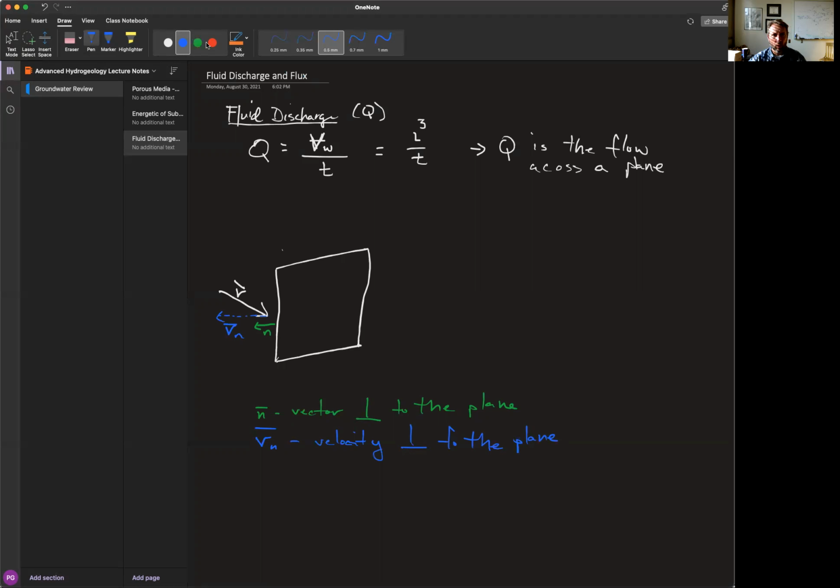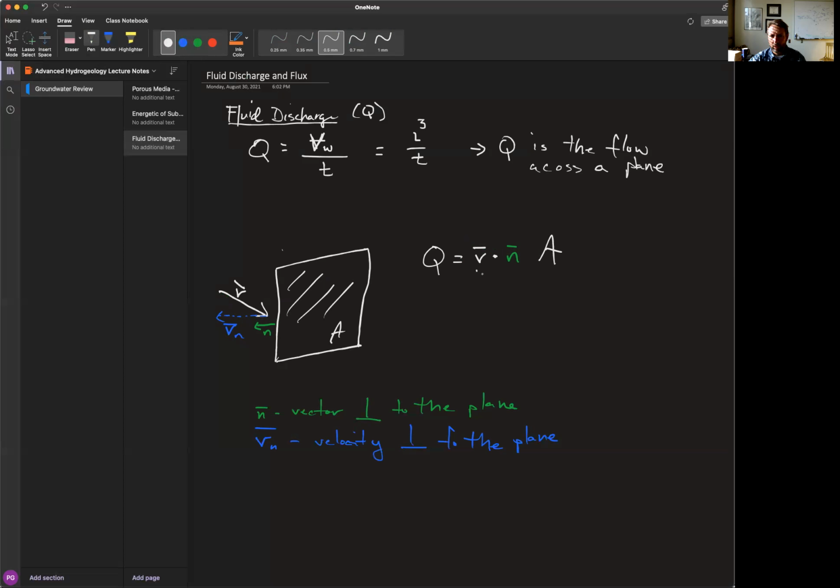So we define the discharge as my v sub n, dotted into the normal. Don't worry if you haven't taken vector calculus. All that means is it's the projection or the component of velocity parallel to the normal vector, times the area A of our boundary.